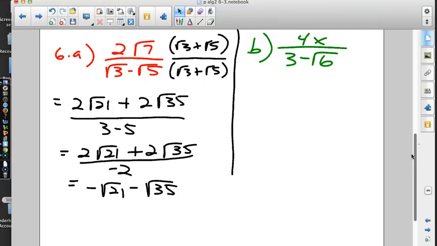You don't have to arm wrestle over whose answer is right. So negative square root of 21 minus the square root of 35. It looked like some people forgot to divide by a negative when they simplified with that. Next one is not so pretty.